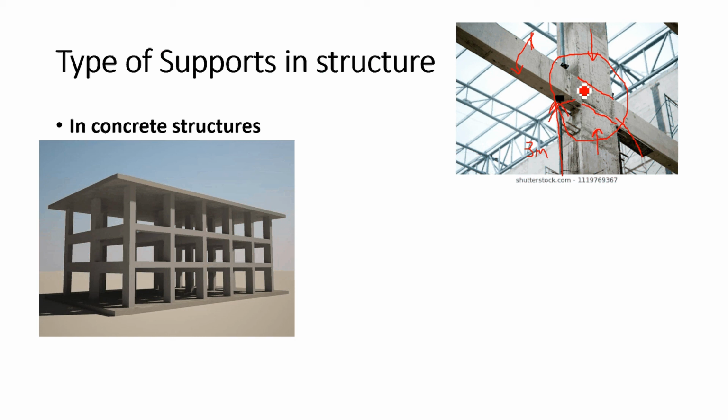So in this case you can consider this kind of support as your internal roller, also internal pin, no problem, because in a beam you won't get any horizontal force, we'll discuss later. In a beam you can assume both roller or internal pin.